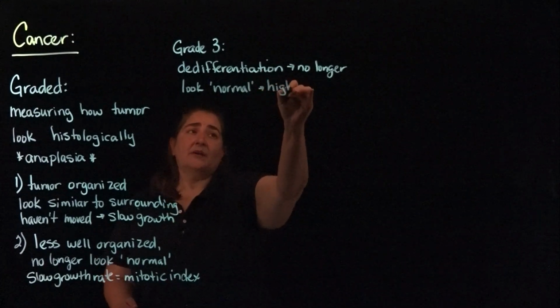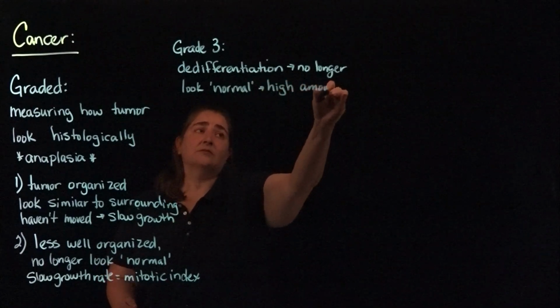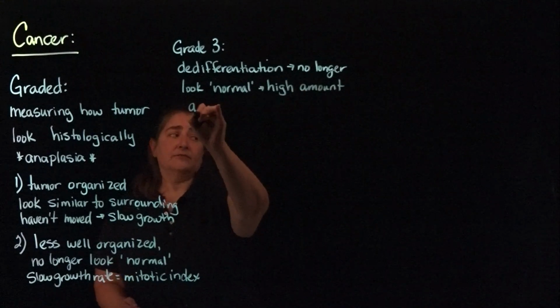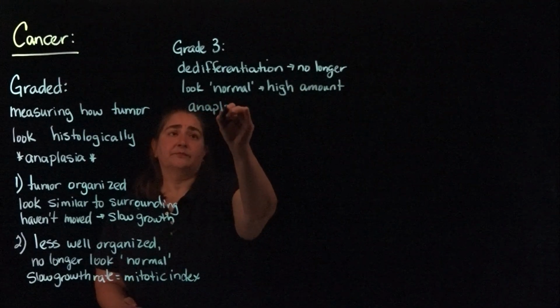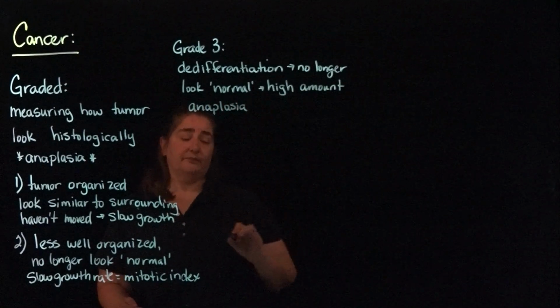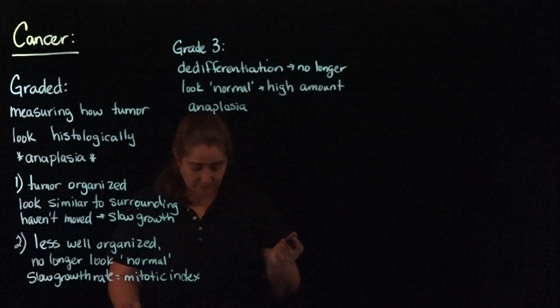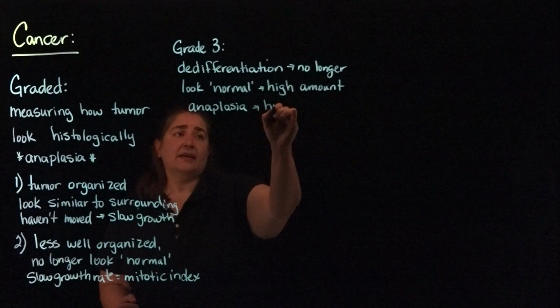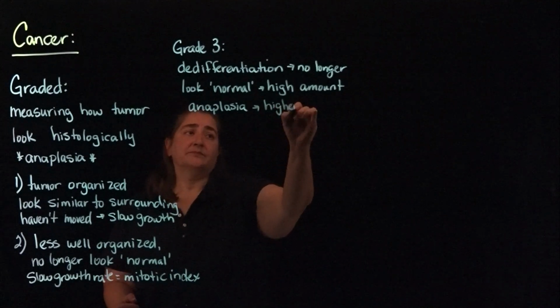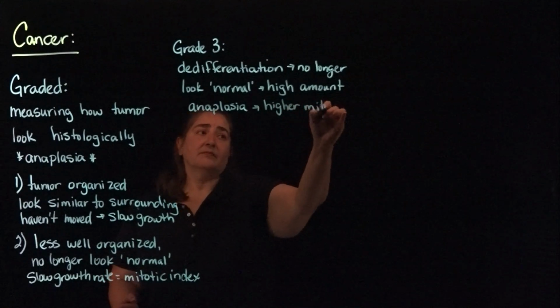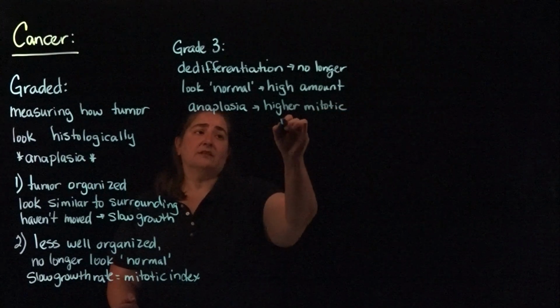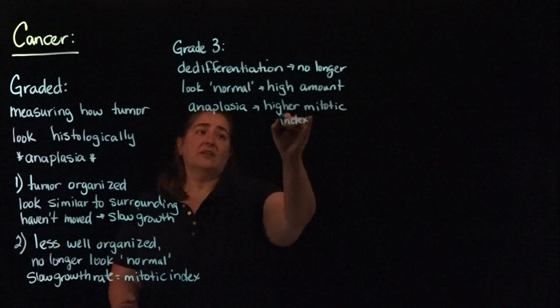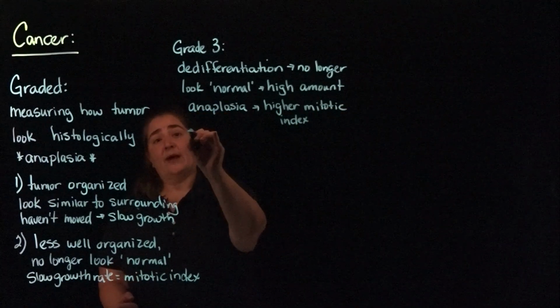You've got a high amount of anaplasia associated with it. All right? And now we have a higher mitotic index. So these are growing more rapidly.